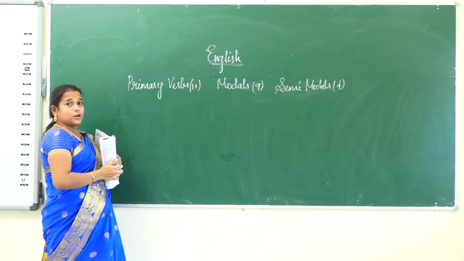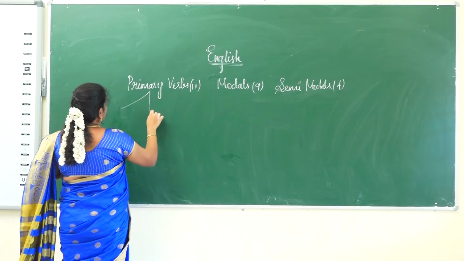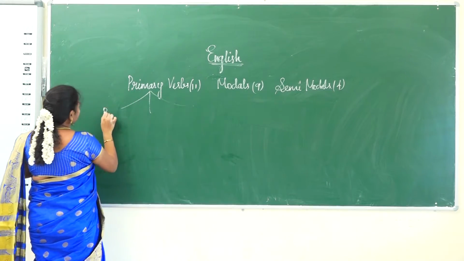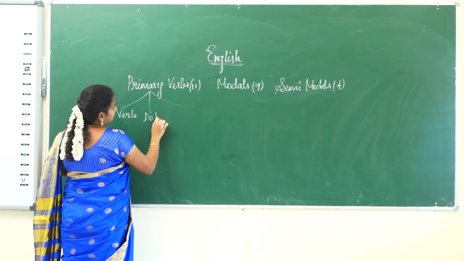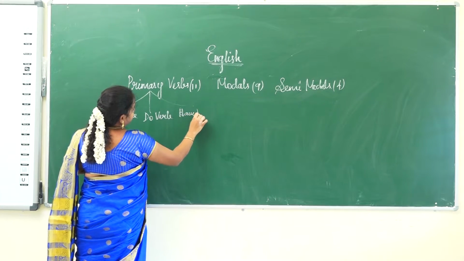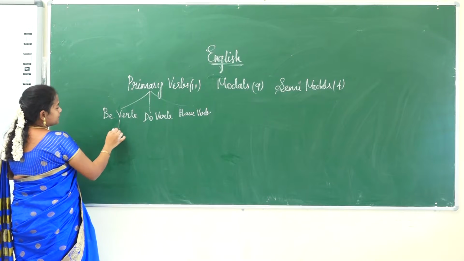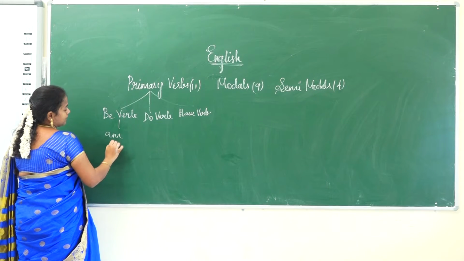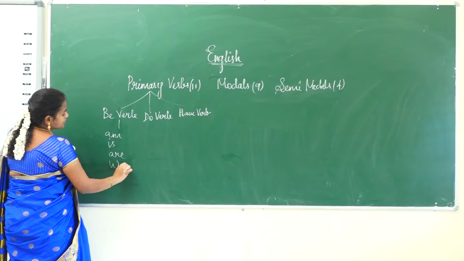Again, these primary verbs have a division: be verb, do verb, have verb. Be verbs: am, is, are, was, were.